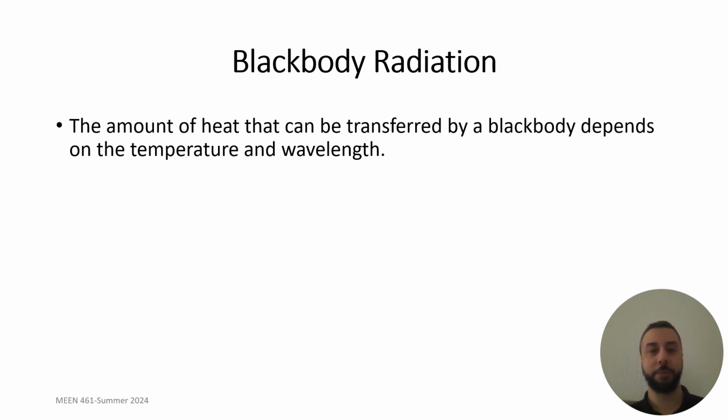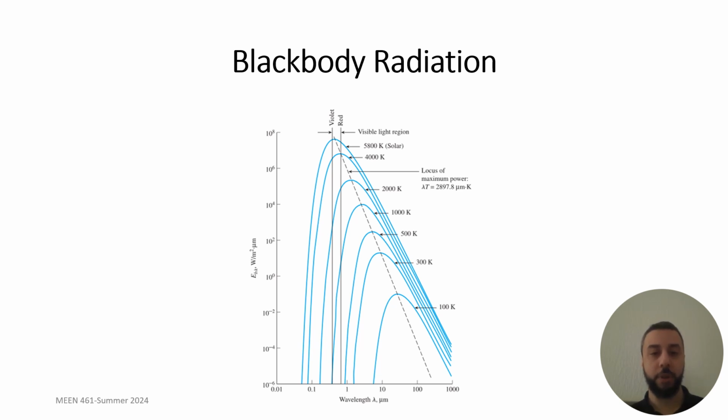So you can see from this slide, on the x-axis you have the wavelength, and on the y-axis you have the amount of power that can be emitted. As the wavelength changes, you can have different amounts of power being emitted, and you also have the dependence on temperature. So each one of these curves is for a different temperature.